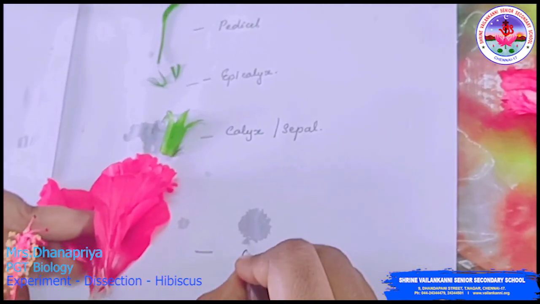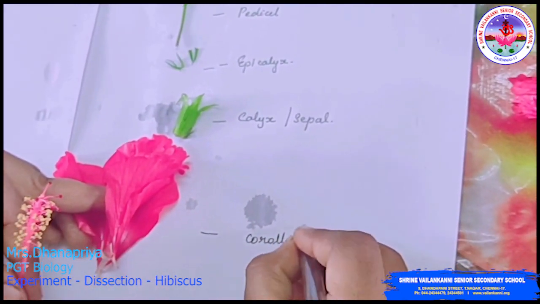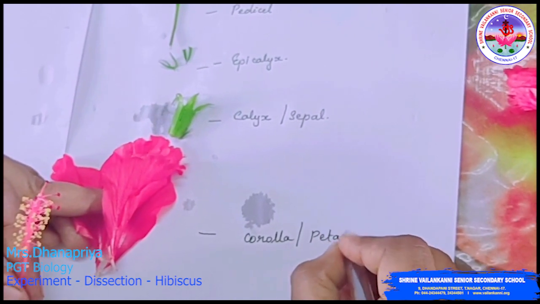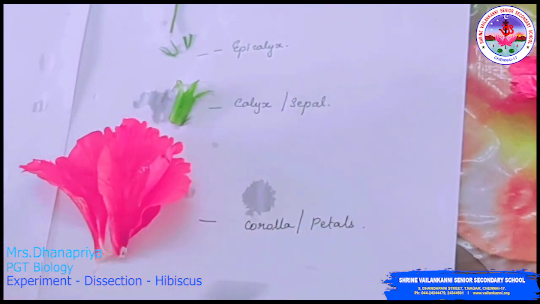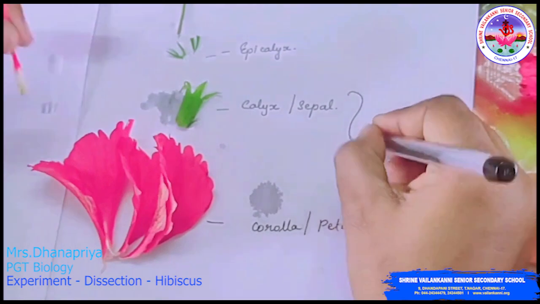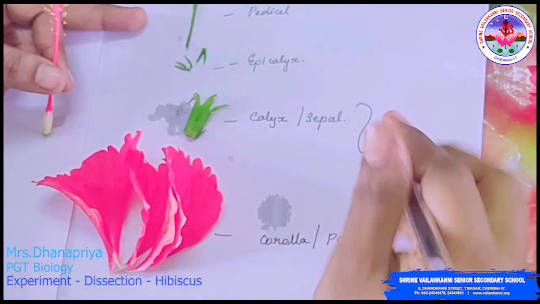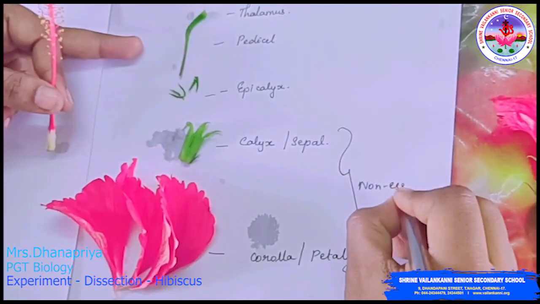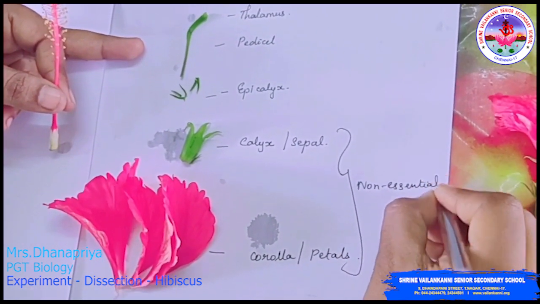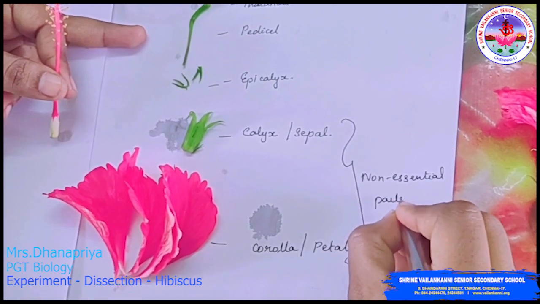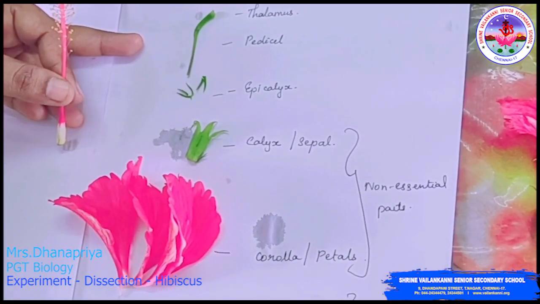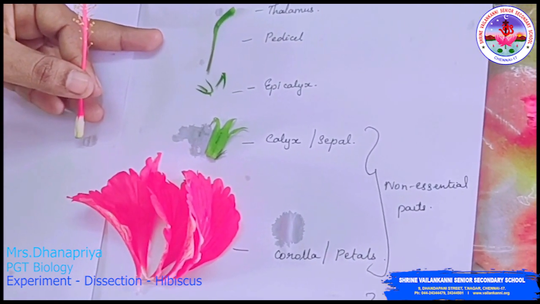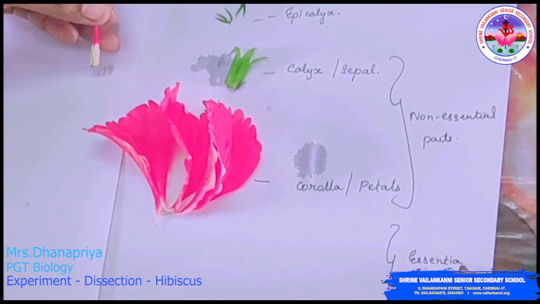So this is called the corolla, otherwise called petals. The calyx and corolla are commonly called non-essential whorls, the non-essential parts. Now we are going to discuss the essential part of the flower.